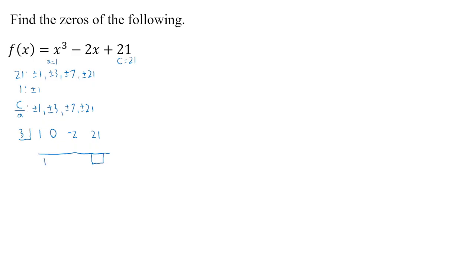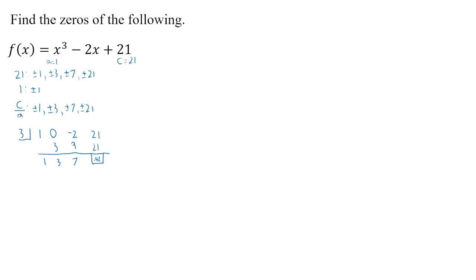Bring down your 1. 3 times 1 is 3. 0 plus 3 is 3. 3 times 3 is 9. -2 plus 9 is 7. 3 times 7 is 21. 21 plus 21 is 42. So as you can see, the remainder is not 0. So 3 is not an actual zero.